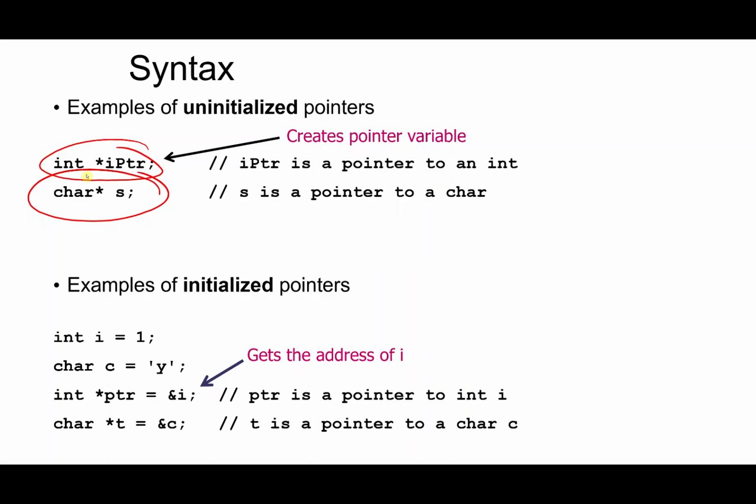Not yet defined. Same thing here, but to a character. For an initialized pointer, you have int i equal 1, char c equal 'Y', and when you create the pointer, you give it a variable to refer to. This ptr refers to i. This one refers to c.